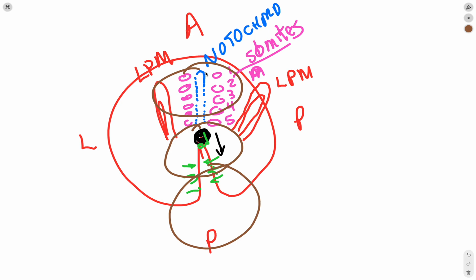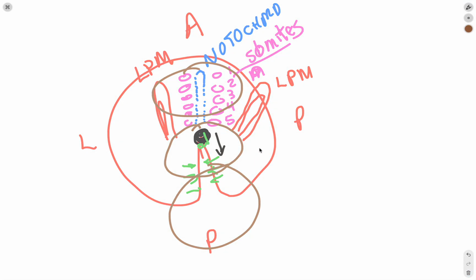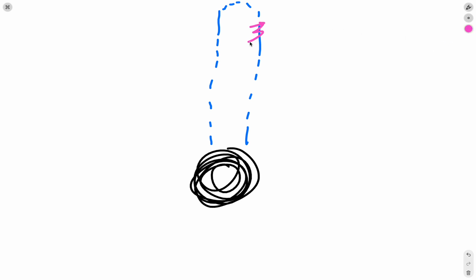If we just redraw this and zoom in a little bit, what that would look like is, now we'll make the node big like this. So here's a big node. And then behind the node, there would be this dotted line that's going to be the notochord, like that. And then if we drew the cells above it, these would be the neural crest cells.